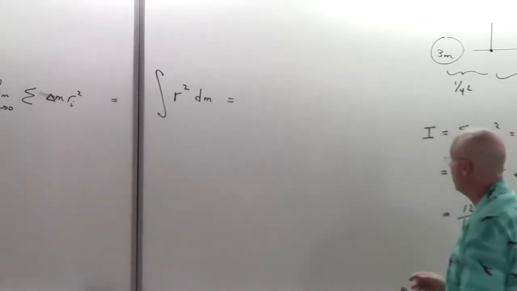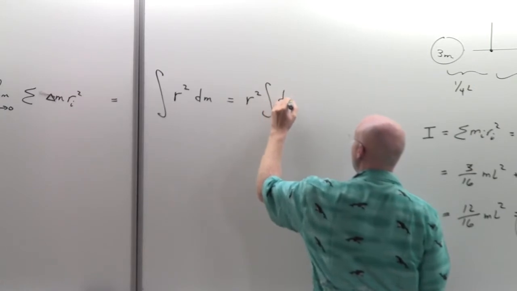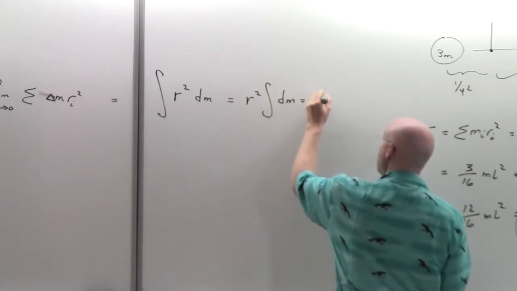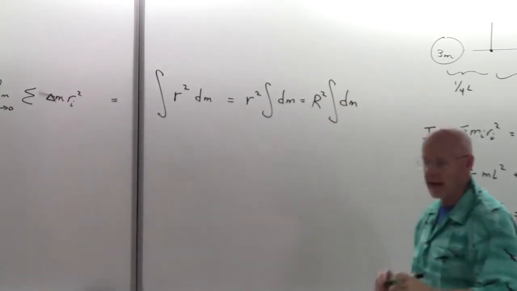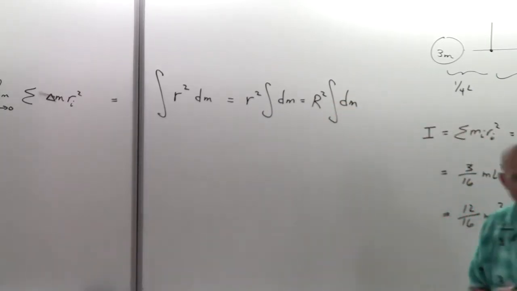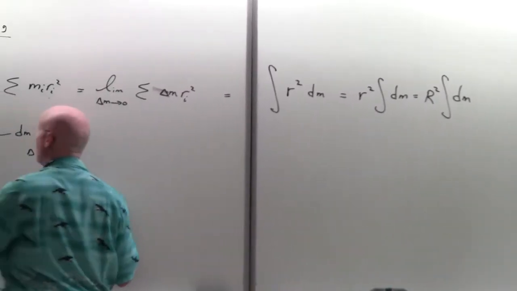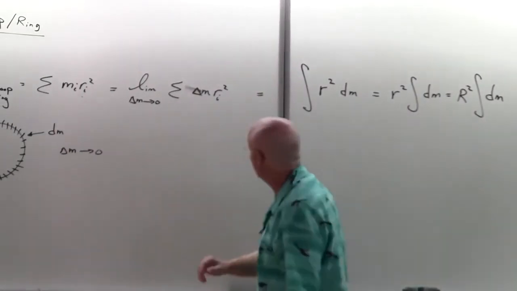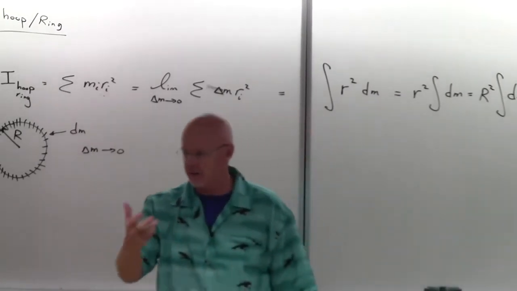And so the first thing I would do is pull the R out in front and even maybe change its symbol from a little r to a capital R, saying that this capital R is actually the radius of the hoop. Whereas back here, the little r didn't necessarily mean the radius of the hoop.